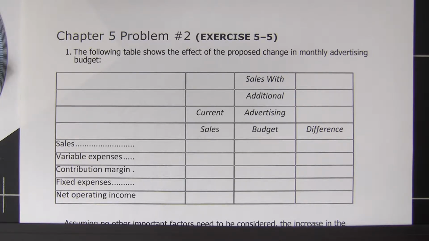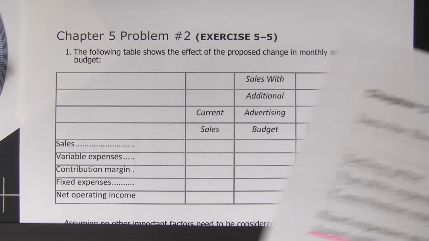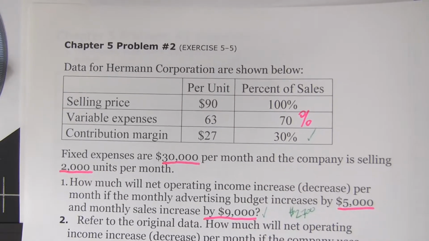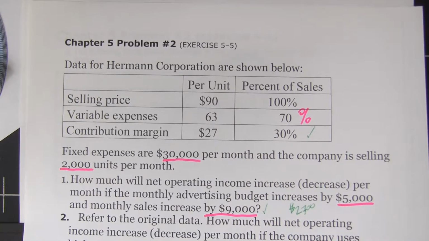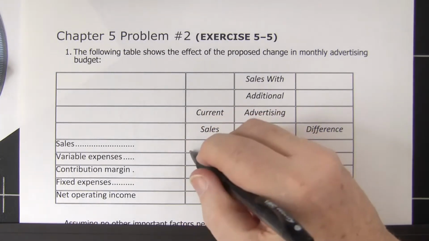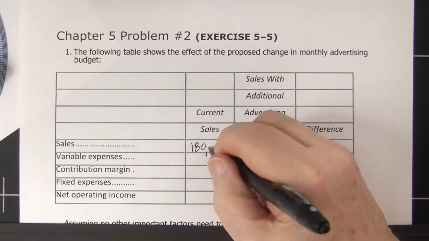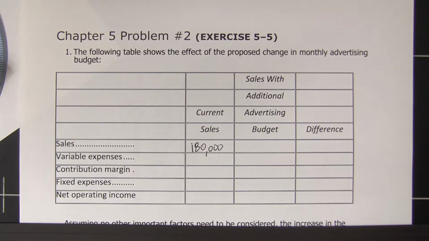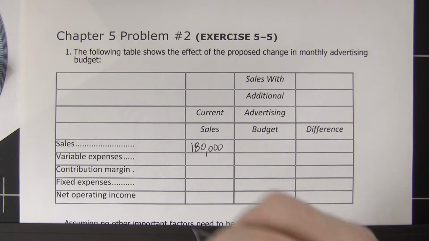Well, the current sales, and they give us that, they sold 2,000 units at $90 per unit, so that's $180,000. You see where I got that? It was $90 per unit times 2,000.